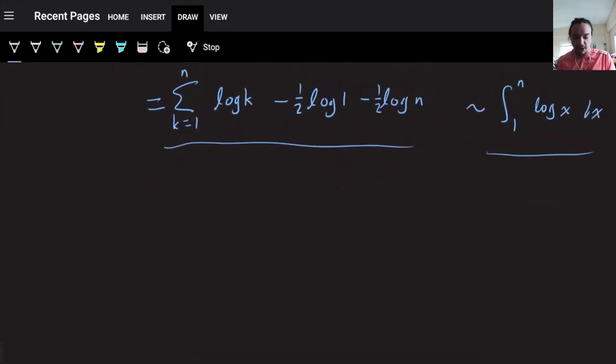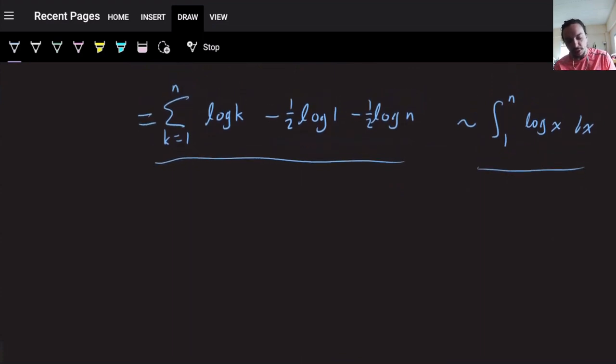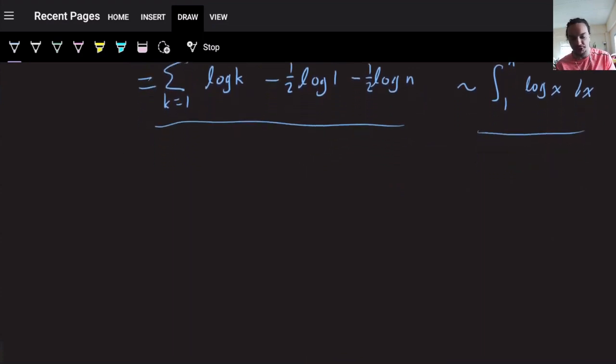Okay, so because of that, if we take e to both of these, so if the difference between this thing, I'm going to call this g of n, and I'm going to call this f of n, right?